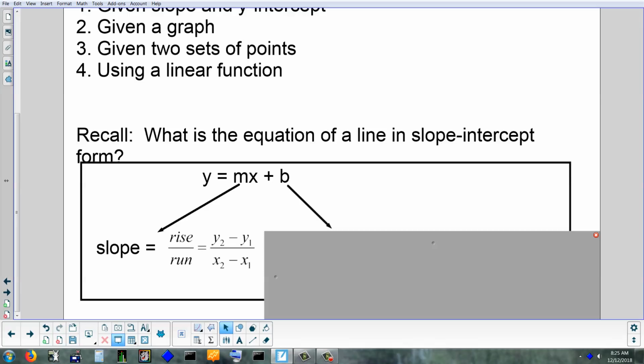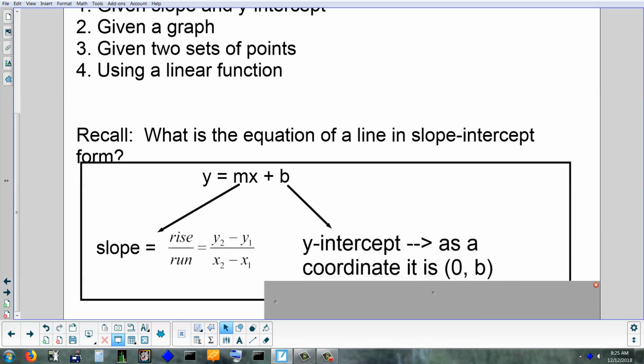Like we already talked about, the y-intercept is b. As a coordinate, if we give you a coordinate and the coordinate has a 0 in it, if the x value is a 0, then whatever the y value is your b, or your y-intercept. So we talk about doing it with 2 sets of points.